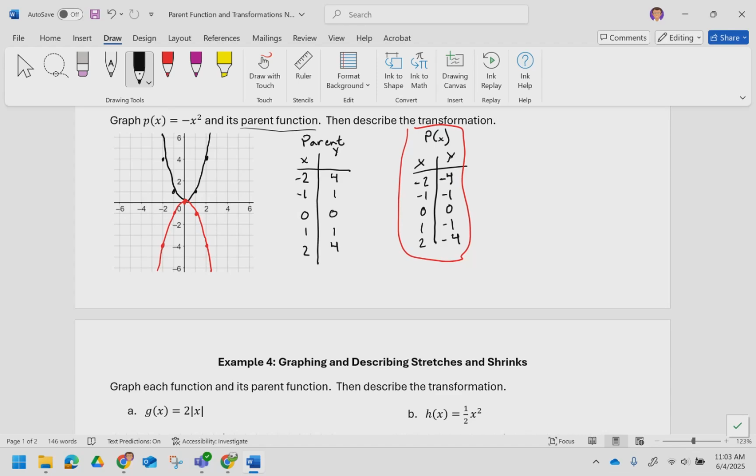This flipping is called a reflection. Now, when you state that something is a reflection, you should state over what line it reflected. So in this case, reflection over the x-axis.